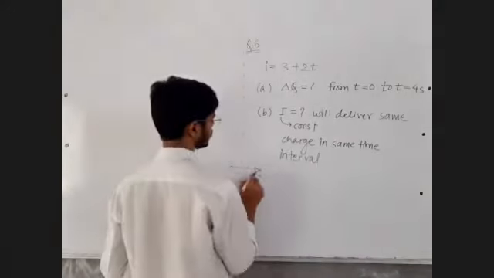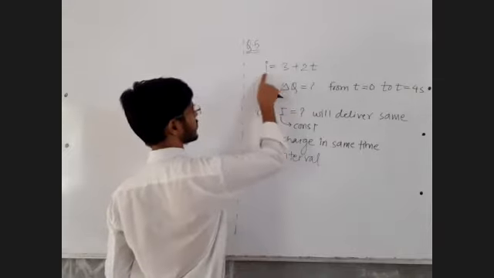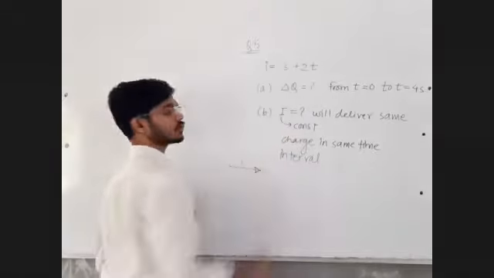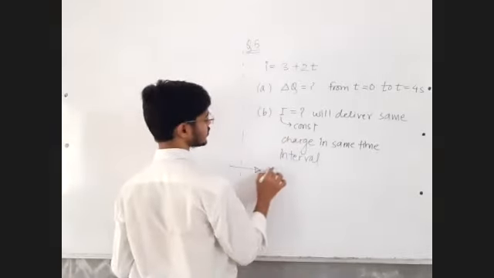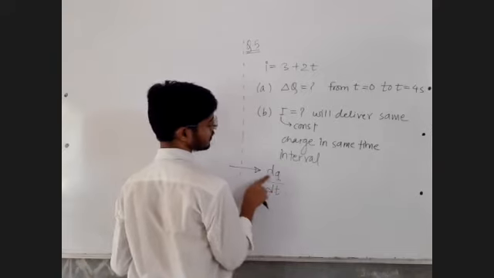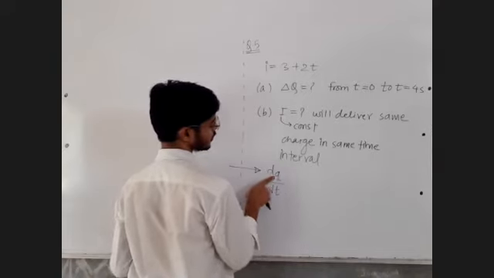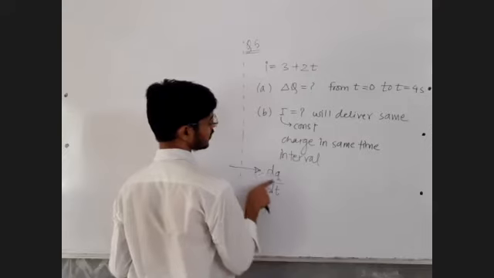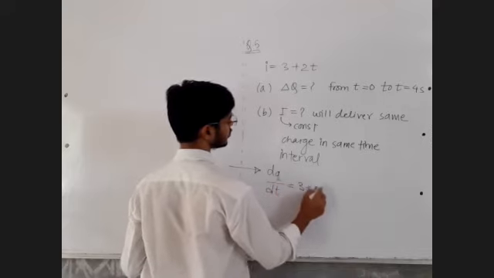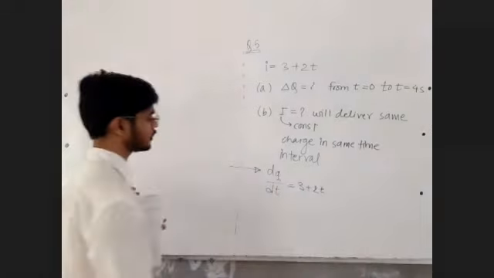Now first of all we want to find out charge, we are given current. So if we are given instantaneous current, current at given instance of time, then you shall write instantaneous current as dq by dt. dq is the amount of charge transported in time equal to dt, is equal to 3 plus 2t.